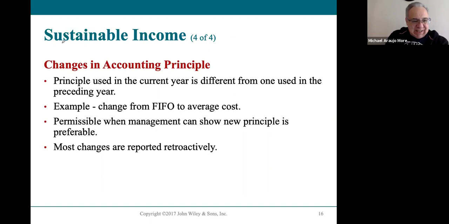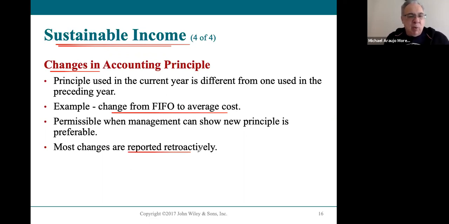Things that could possibly impact sustainable income itself outside of these is that on occasion, companies decide they want to change certain parts of their accounting principles that they're using. For example, they might change from FIFO to LIFO, or average cost, in which case they need to basically do some retroactive reporting to make sure all their numbers are now updated.